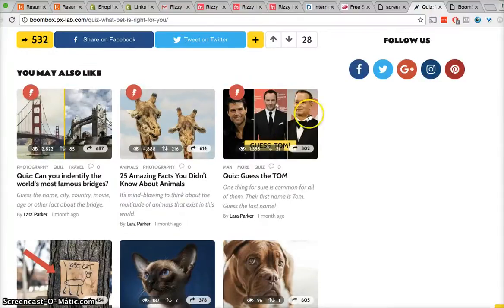Like this size. Now, this size picture is not just appropriate for horizontal, but it is also appropriate for vertical, I would suppose.